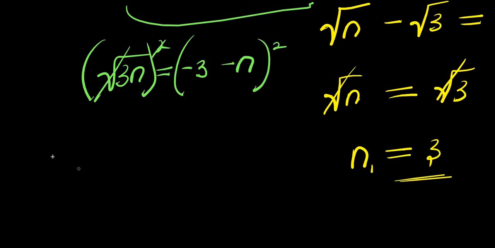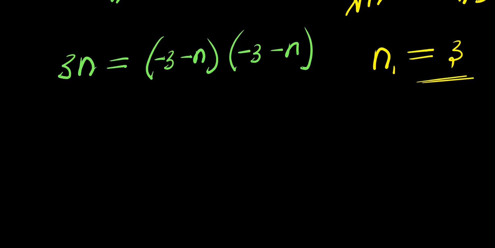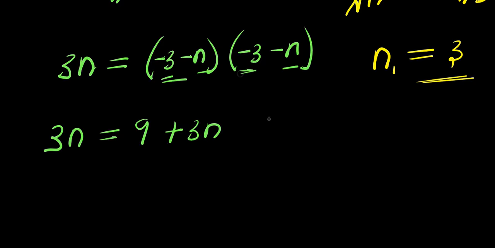This cancels this. I have 3n equals negative 3 minus n times negative 3 minus n. From here, I have 3n equals this times this, 9, this times this, plus 3n, this times this, plus 3n, this times this, plus n squared.